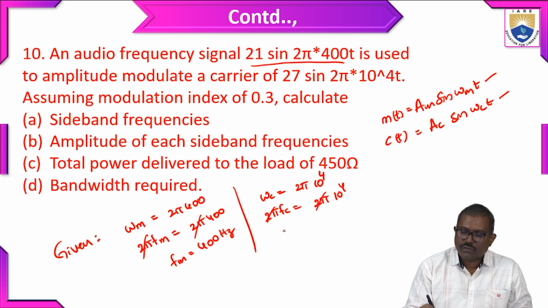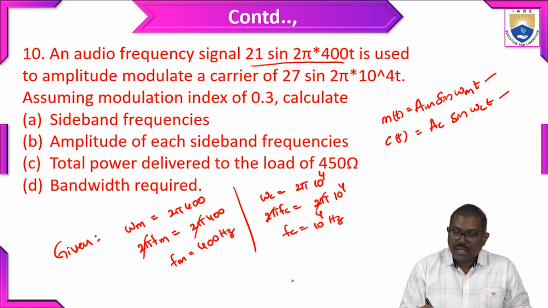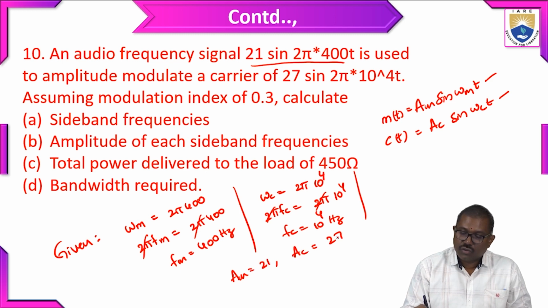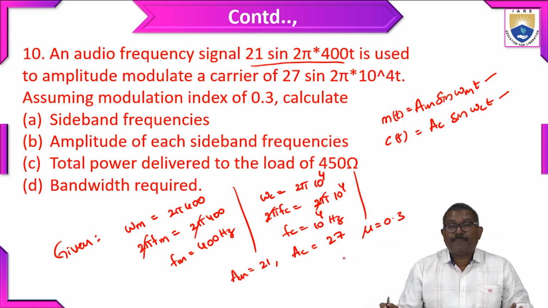So 2 pi is cancelled, and fc is equal to 10 to the power of 4 hertz, or 10 kilohertz. And the other given data: Am is equal to 21, Ac is equal to 27, and finally the modulation index mu is equal to 0.3. So these are the given data from this problem.